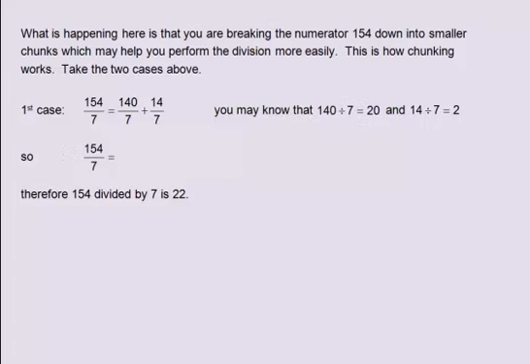So 154 divided by 7 equals 140 divided by 7 plus 14 divided by 7. This equals 20, which is 140 divided by 7, plus 2, which is 14 over 7. And 20 plus 2 equals 22. Therefore, 154 divided by 7 is 22.